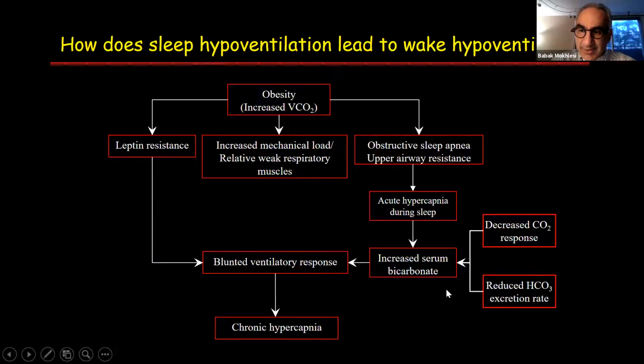And this is why this model proposed by David's group is an interesting model that has to do with elimination of bicarb by the kidney, which is blunted. But the point I'm trying to make is that many studies have shown that if you treat obstructive sleep apnea with CPAP during sleep, BMI being the same, the patient's CO2 starts getting better.